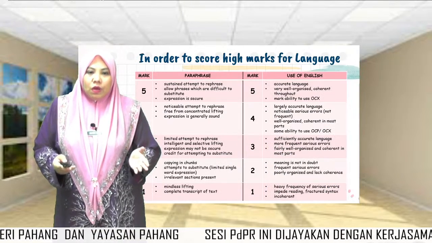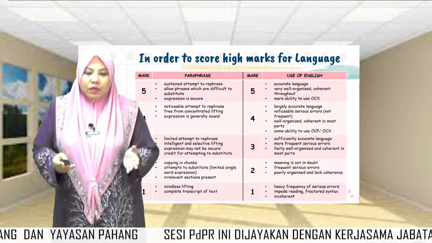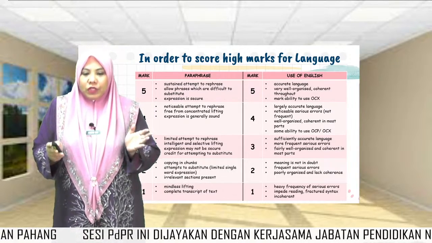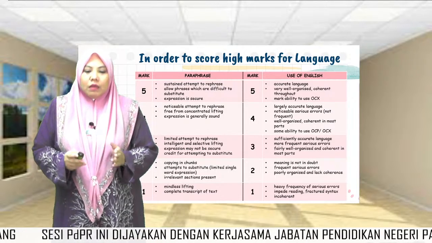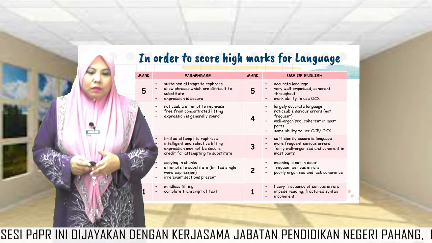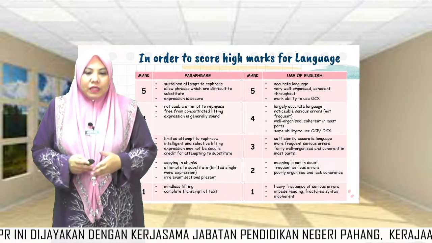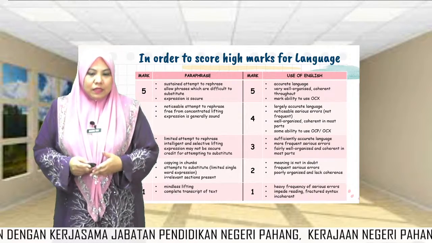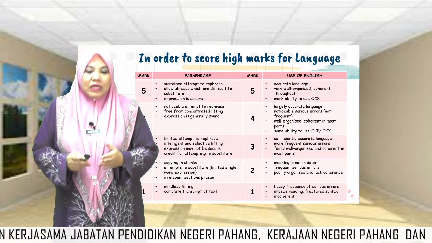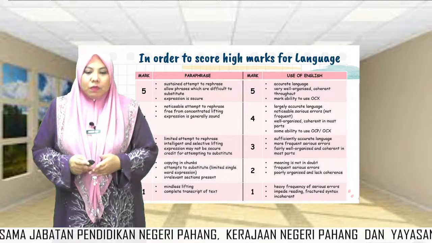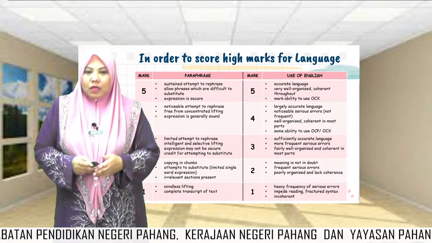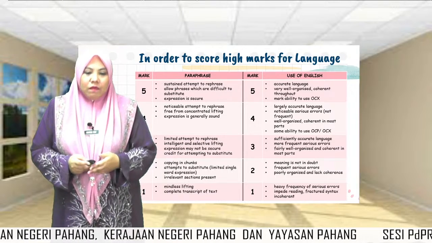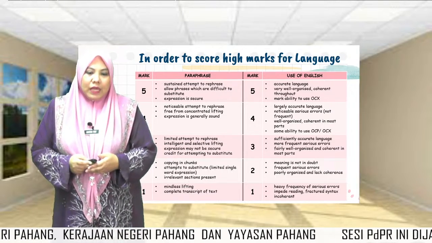In order to score high marks for language in summary writing, you have to ensure that you have achieved the following criteria based on the table of descriptors mark. For paraphrasing, you must be able to demonstrate that you can paraphrase the sentences from the passage. It means that your writing must be original, but at the same time, retain the meaning of the content point you have extracted from the text.